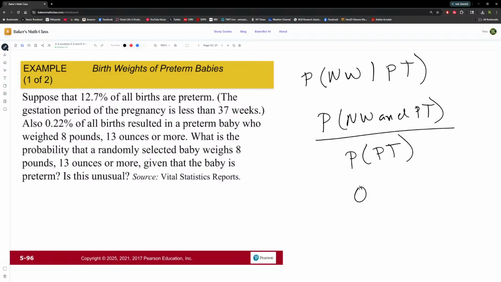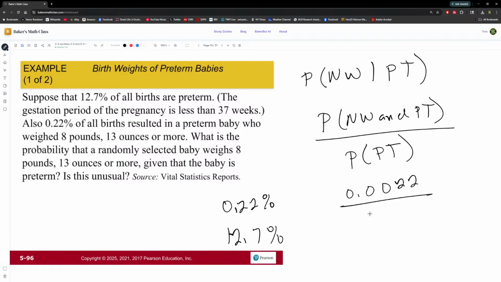The top one is going to be the 0.22%, which actually I'm going to write as 0.0022. Remember, 2 decimal places. And the 12.7%, which is the probability of preterm, is 0.127.